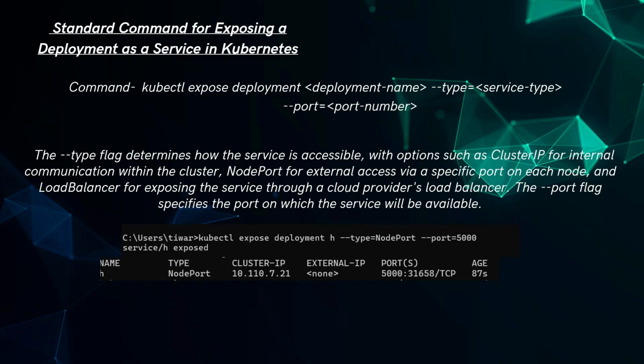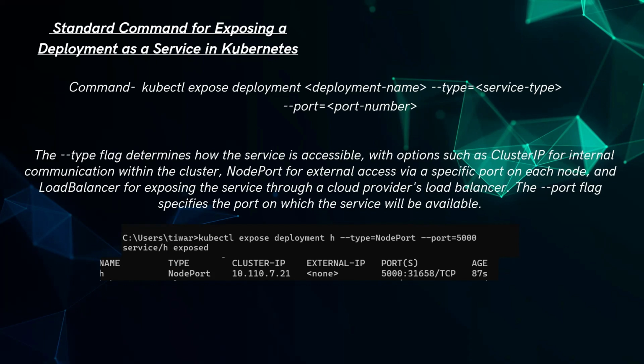Okay, so this is the standard command for exposing a deployment as a service in Kubernetes: kubectl expose deployment, and the deployment name, that is H. Then the type of service, there are three options: cluster IP, node port, and load balancer. Then the port number where you want to expose it.